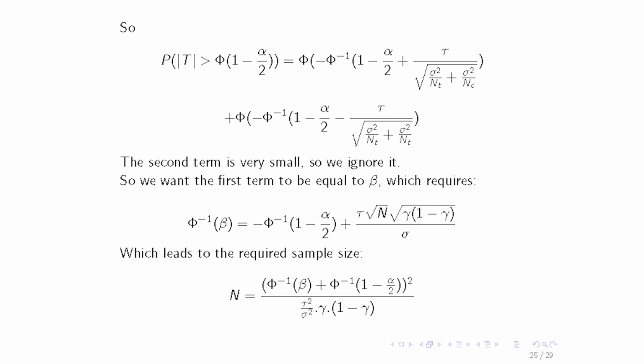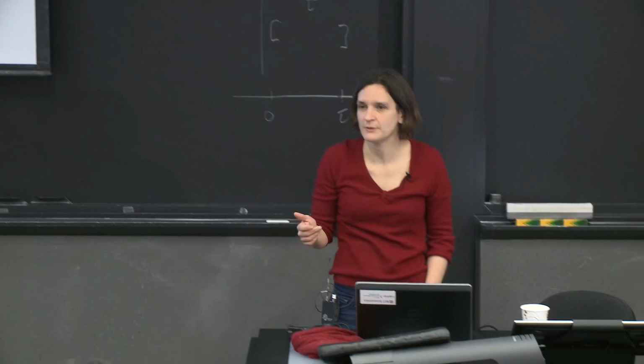So if you've seen these formulas in the past and were wondering where they were coming from, this is where they come from. So as long as you know tau, sigma squared, and gamma, I just rearranged here to go to here. I rearranged the N_T and N_C, which still has this typo, into the gammas, and I get the formula. Of course, you never need to type that formula in practice.